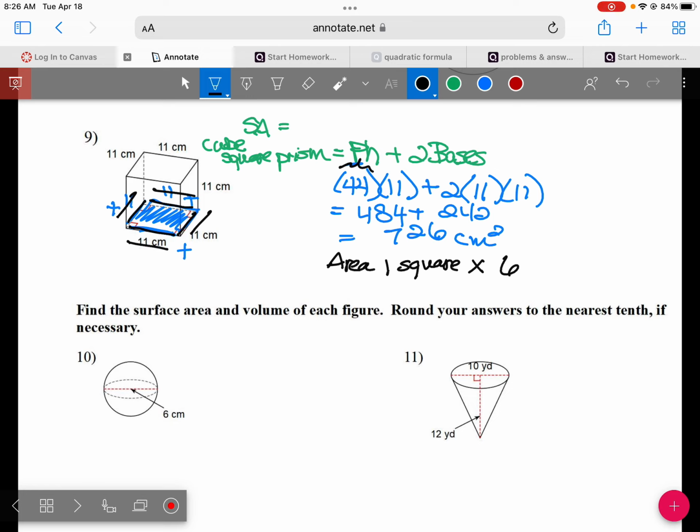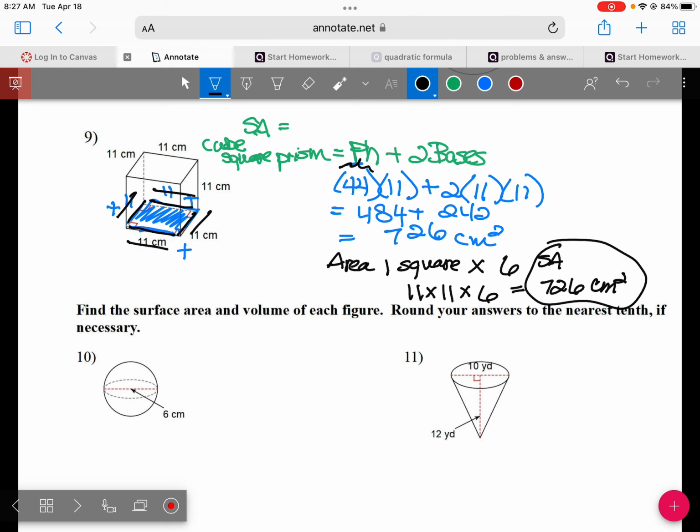So area of one square is 11 times 11. And then I have 6 of those. So on your calculators, 11 times 11 times 6, what are we going to get? 726 centimeters squared. That is surface area. So you don't have to do this formula. If you think about it and it's a cube, it'll be the same.